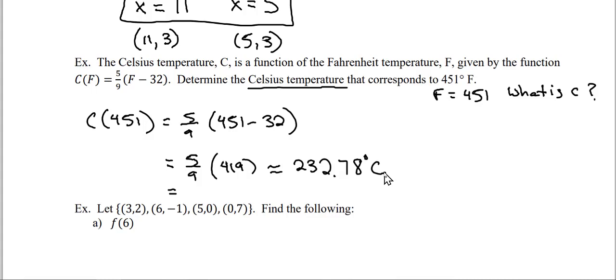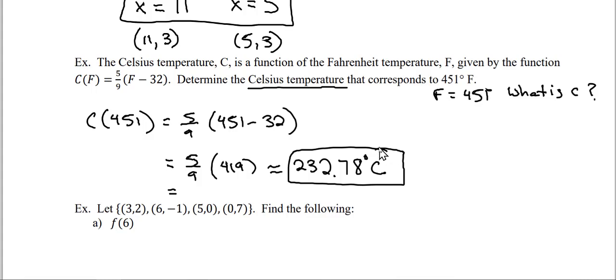That's Celsius. That's the output. The input here, we put in a Fahrenheit temperature. We take out a Celsius temperature. And that's our answer.